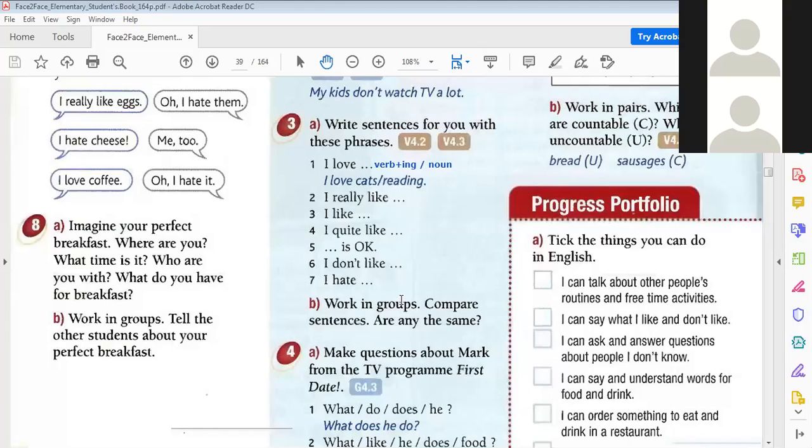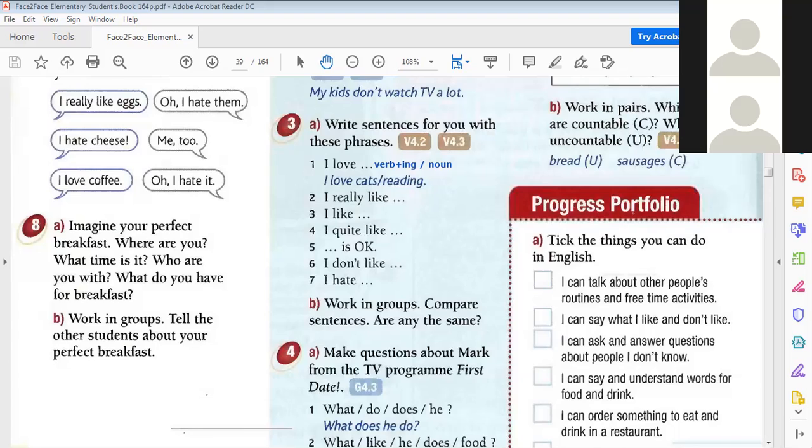I love learning English. I really like Italian food. I like running or going running. Which is correct? I like running is better, I think. Because if you want to use go, maybe you can say, I like to go running.